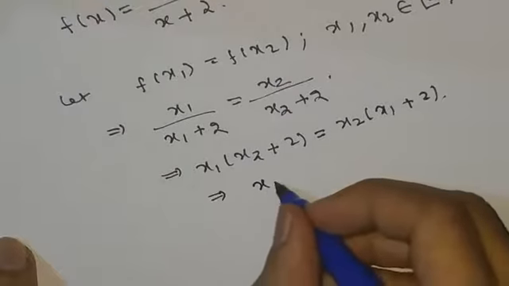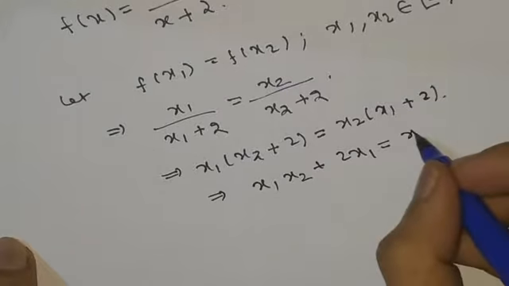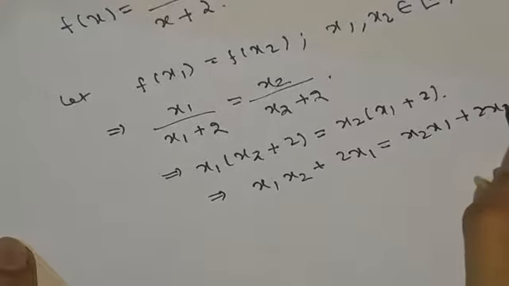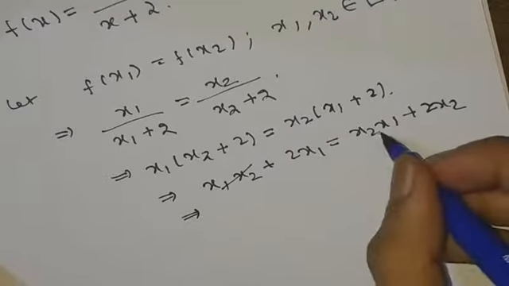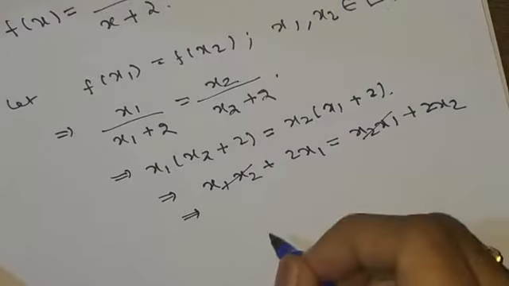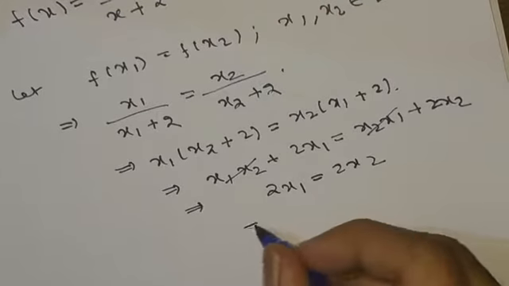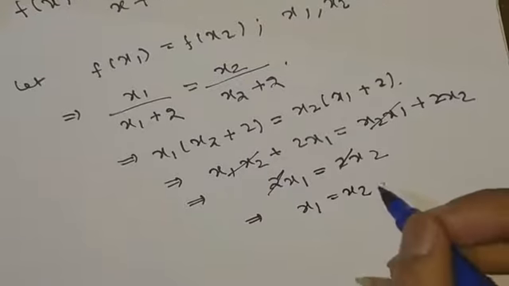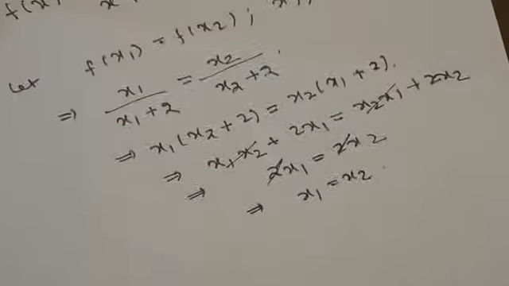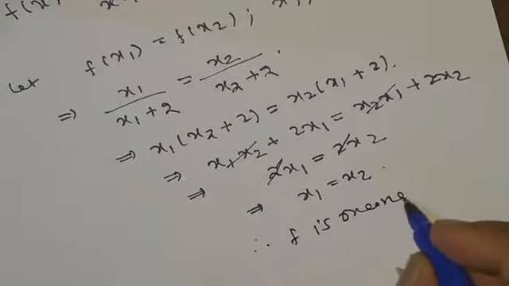So x1 x2 plus 2x1 equals x2 x1 plus 2x2. Here x1 x2 and x2 x1 get cancelled, so you get 2x1 equal to 2x2. The 2s cancel, so you get x1 equal to x2. So f(x1) equal to f(x2) implies x1 equal to x2, therefore f is 1-1.